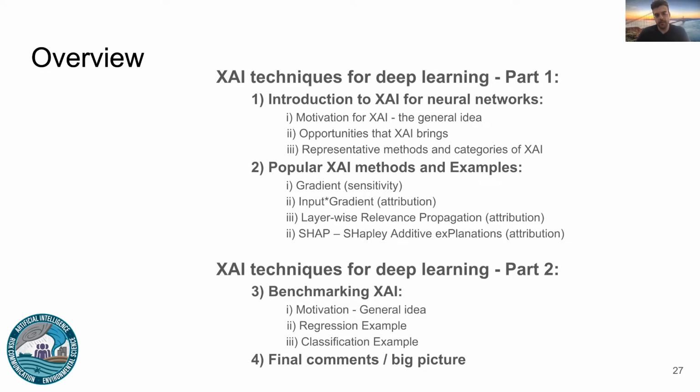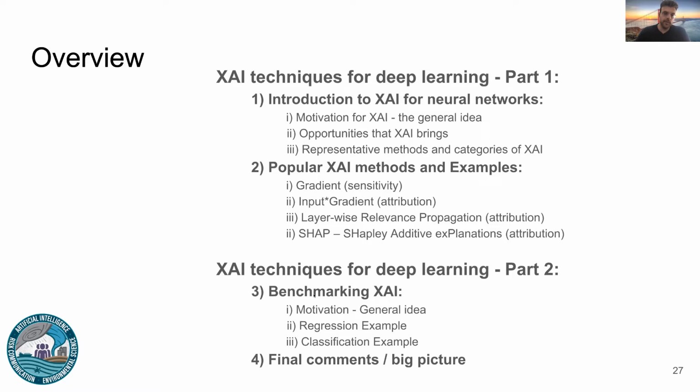The second part of our session is devoted to introducing the concept of benchmarking XAI methods. This concept is essentially to introduce objectivity in the way we assess these methods before we go and apply these methods in problems where we don't know what the explanation should look like. And then we conclude with some final comments and some big picture takeaways.